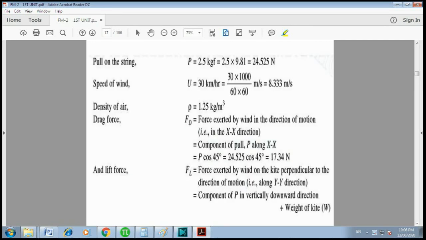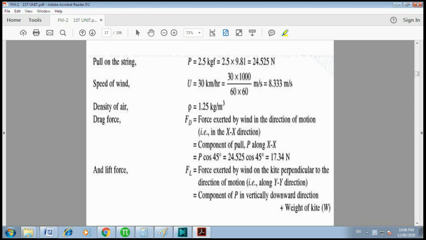FD is equal to the force exerted by the wind in the direction of motion, that is the x direction, and the component of pull P along x. We are considering here the pull P, and its horizontal component in the x direction.